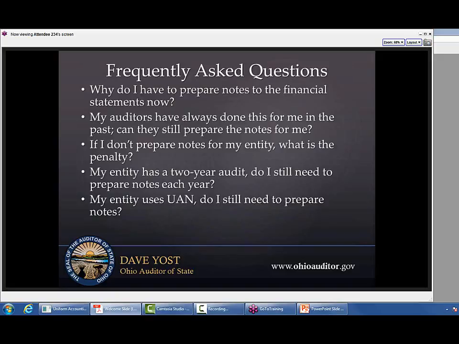The only other thing I will add is make sure you are consistent when you're doing these notes to the financial statements and what you file. If you file regulatory statements with UAN, make sure you're preparing regulatory notes. If you file OCBOA statements through UAN, make sure you're preparing OCBOA notes.